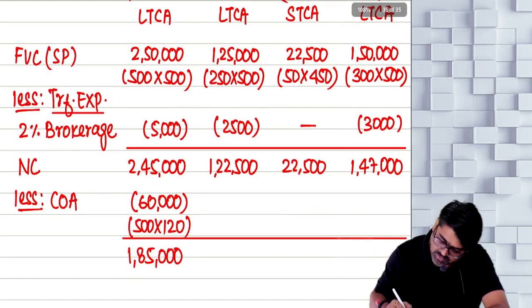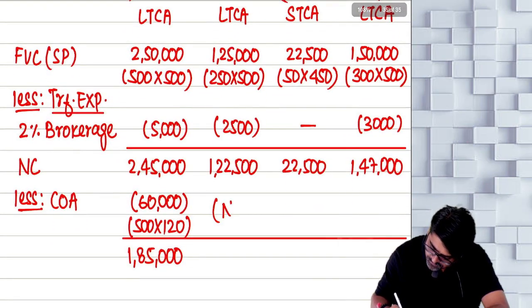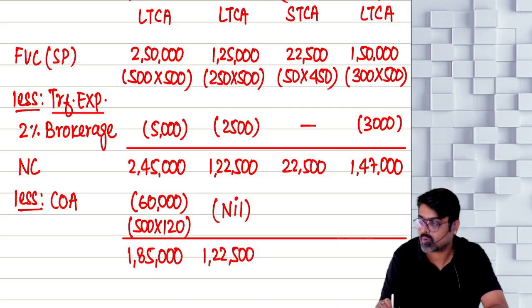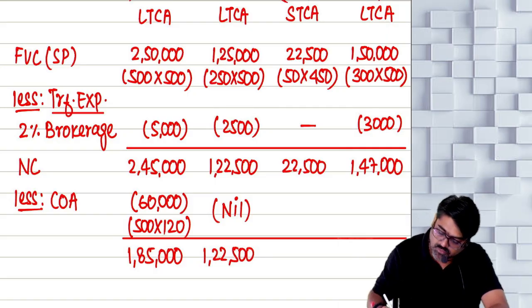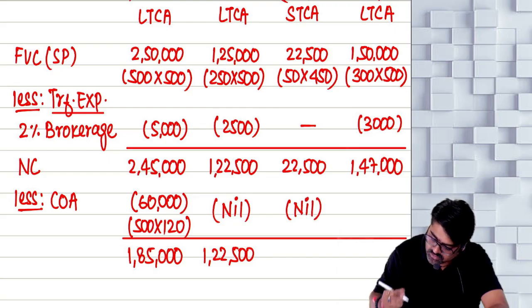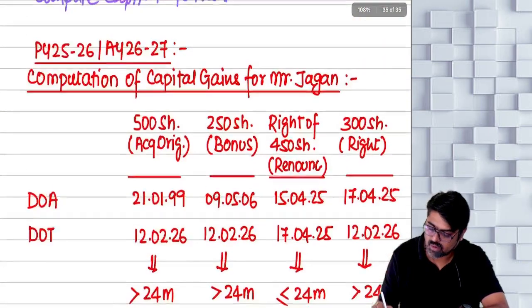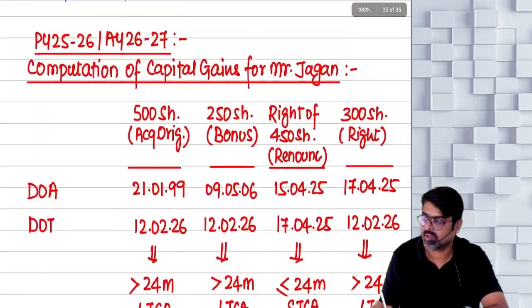So how much will be the capital gain? 1,22,500. Entire amount will be the capital gain. And for the right renouncement also, the cost of the right will always be taken as nil. And this will be 22,500. Yes or no?